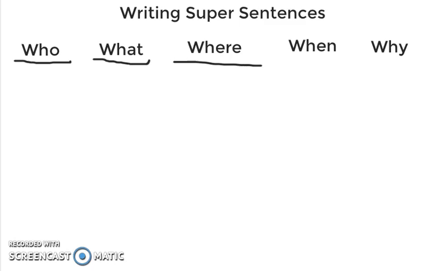Then you have the where, which is the location of your super sentence. Then you have the when, and this is the time that your super sentence is taking place. And then you have the why, which is the reasoning behind the actions that the who or the subject of your sentence is performing. So let's see this in action a little bit.